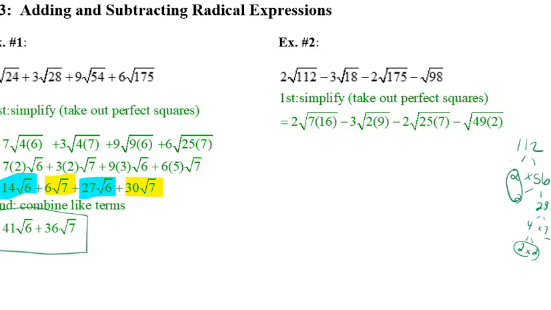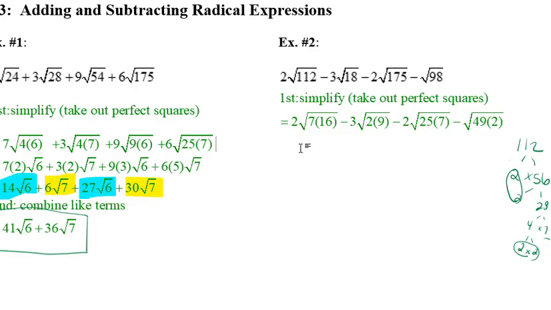The 9 is a little more easy to see from our 18, 25 from the 175, and 49 from the 98, all perfect square factors. So once we've got those perfect square factors taken out, then we can actually take them out of the radical.